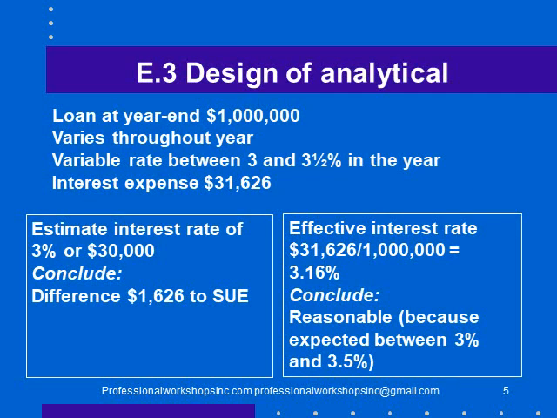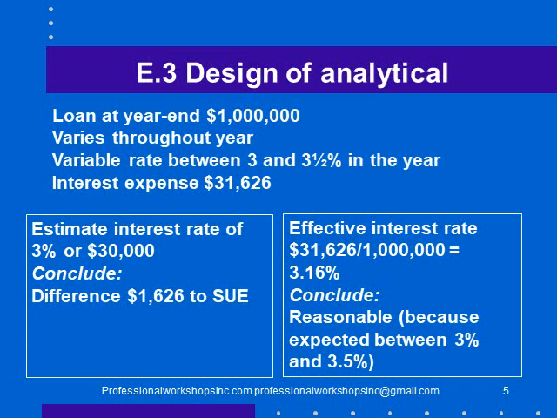Now, here is an example of how we might design an analytical procedure to give us a journal entry that maybe we can't make. So we've got a loan that at year end is $1 million. It varies a bit throughout the year. There's a variable rate between 3 and 3.5% in the year, and interest expense in the general ledger is $31,000 and some dollars.